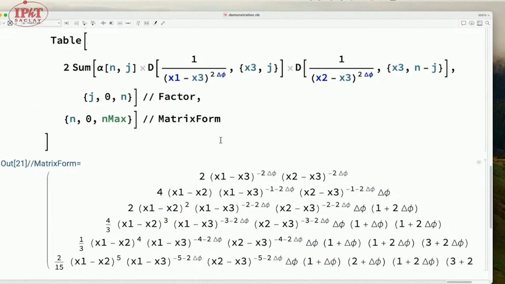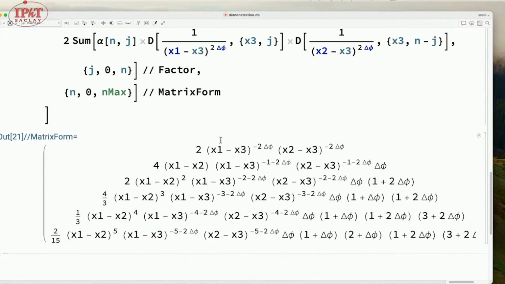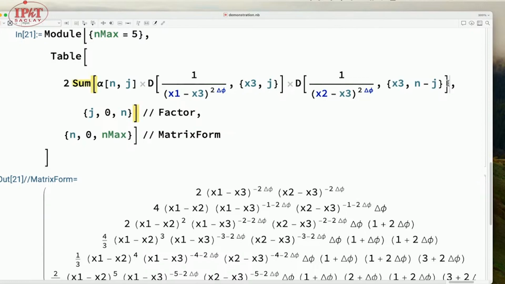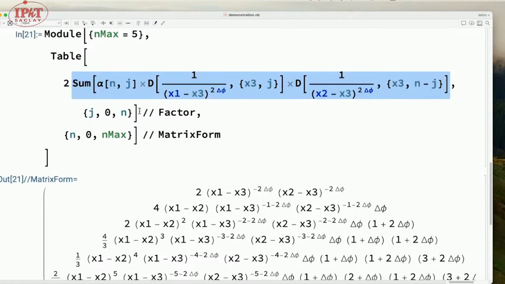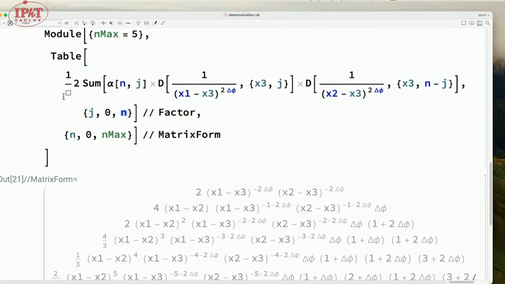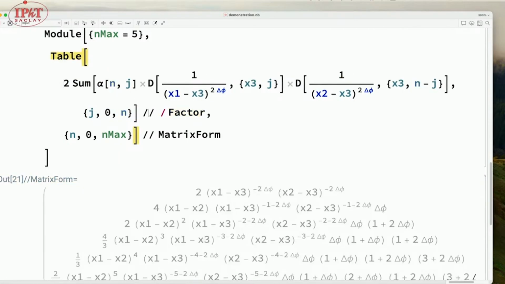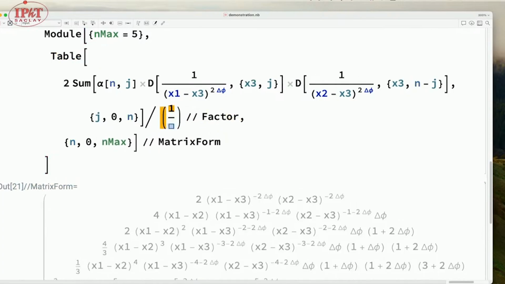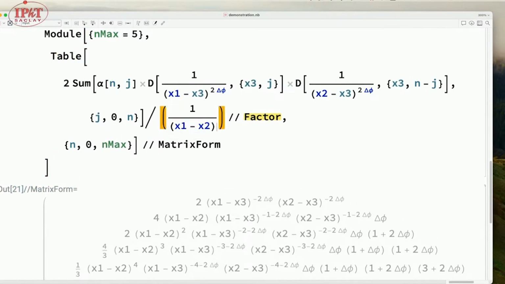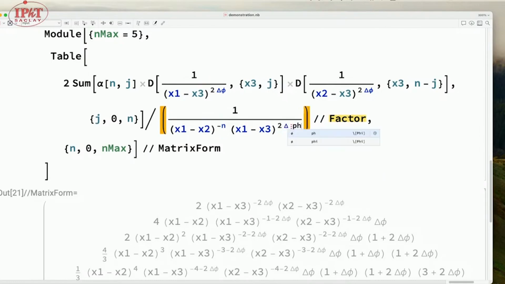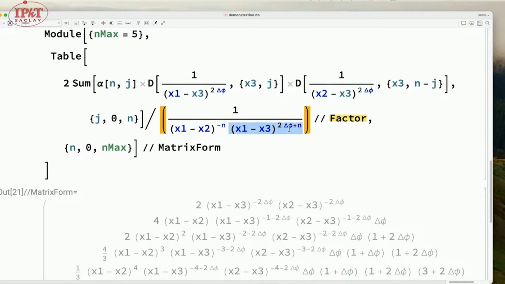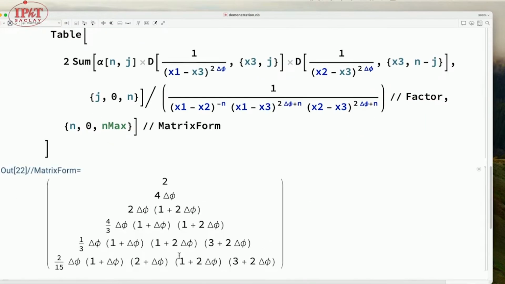All right. So that looks quite simple. So we should again check that the dependence on the x's is correct. So what I wrote on the board is x1 minus x2 to the power minus n, then x1 minus x3 to the power 2 delta phi plus n, and same thing for x2 minus x3. Okay, all the x's went away, so that's nice.